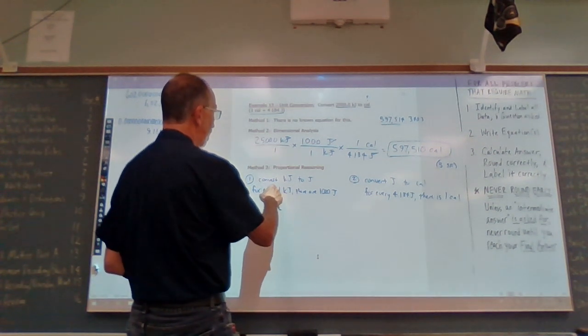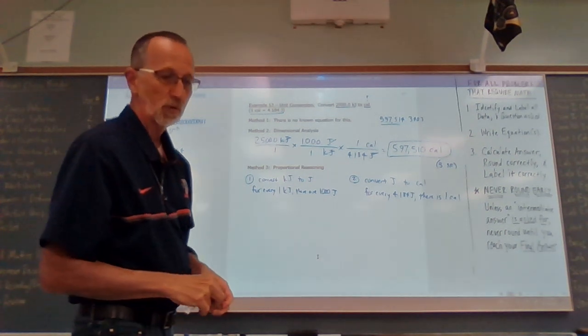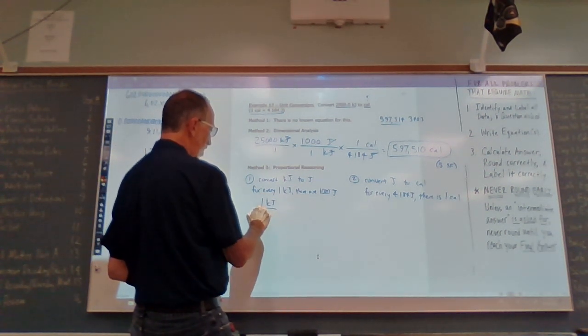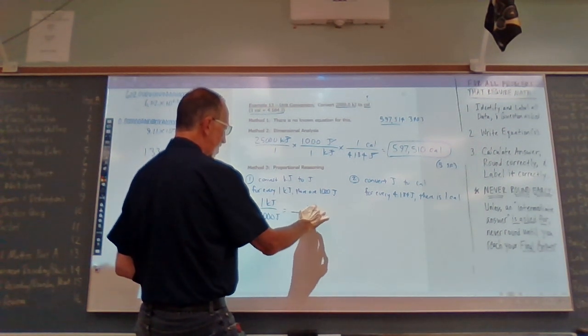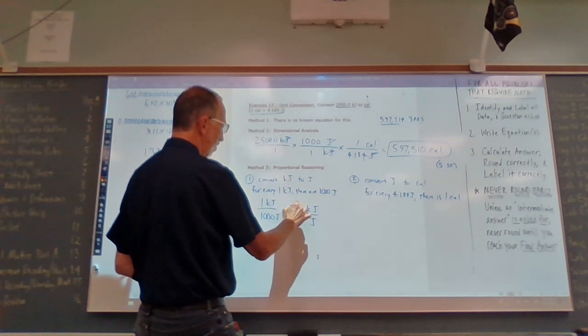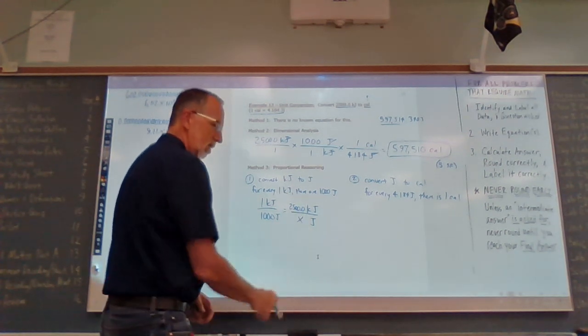So we're going to start with our first proportion. Based on this, 1 kilojoule is 1,000 joules. We set up the other side the same, and we are given 2,500.0 kilojoules and X joules.